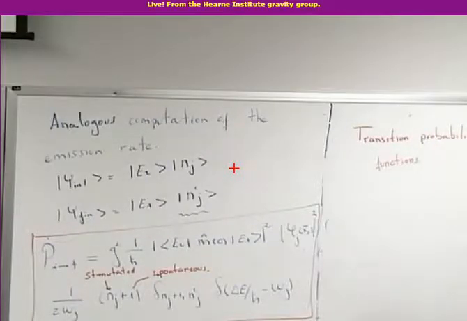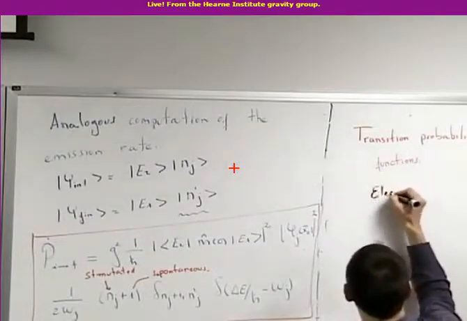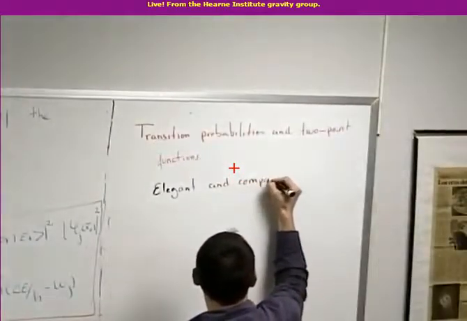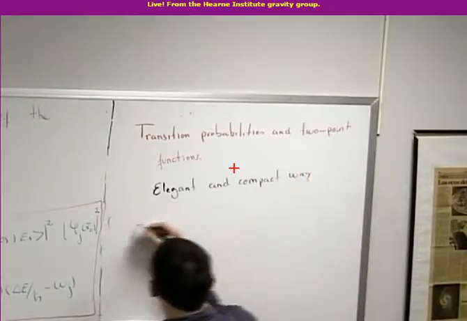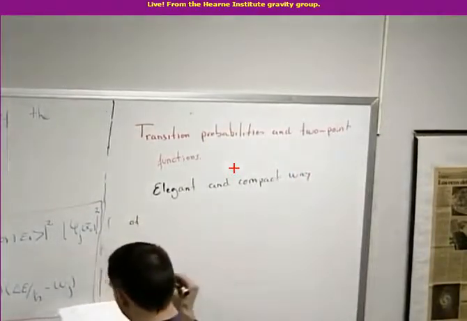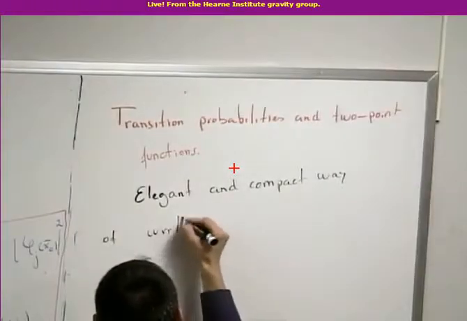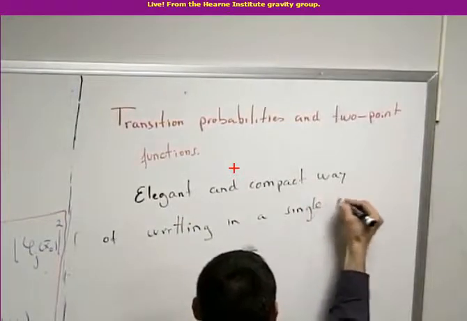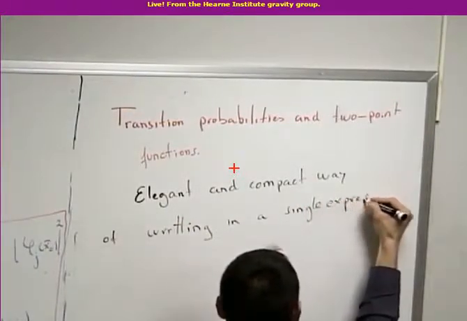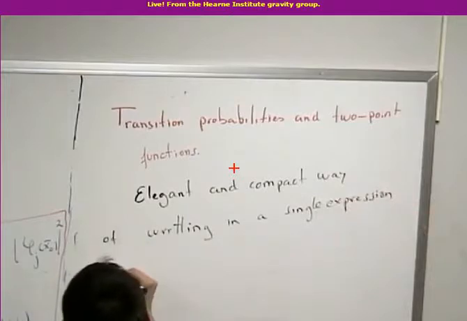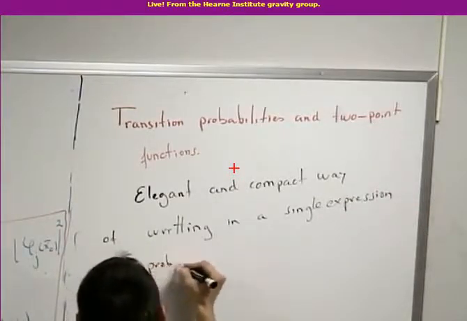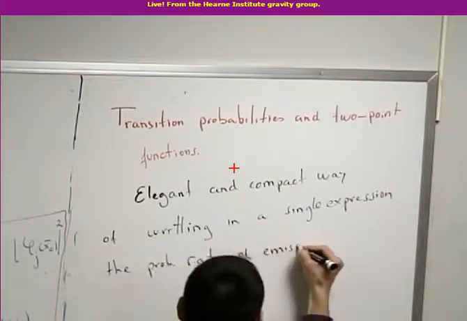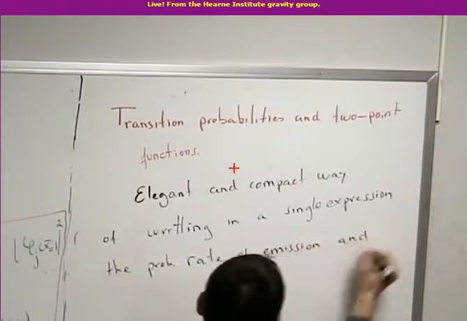So we are going to derive an elegant and compact way of writing, in a single expression, the probability rate of emission and absorption.